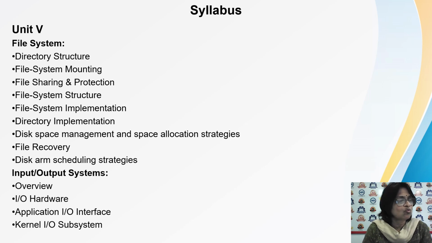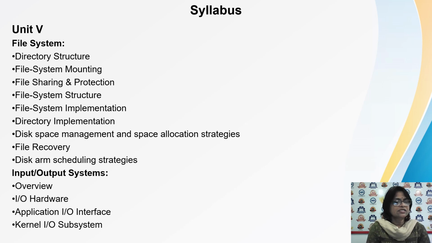The file system provides the mechanism for online storage and access to both programs and data. Unit 5 will consider various aspects of files as well as major directory structures.